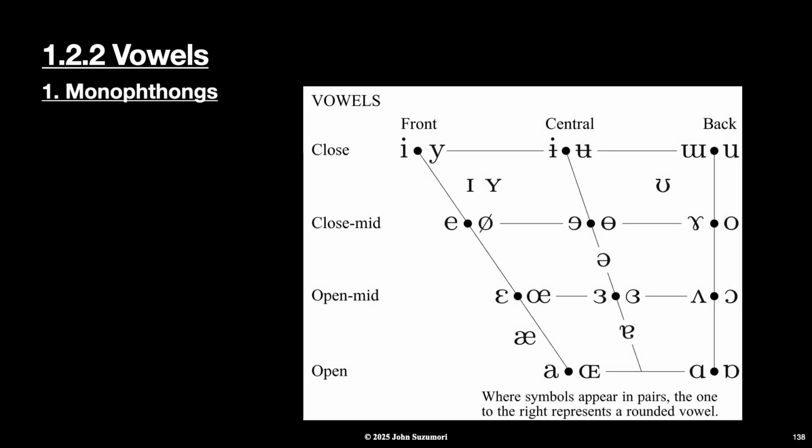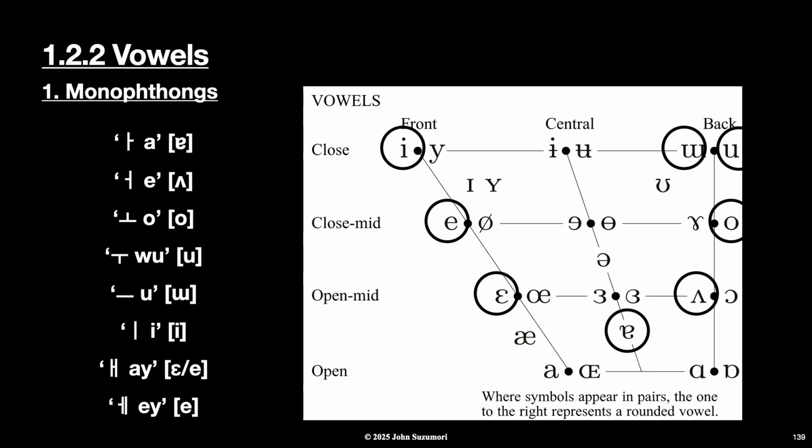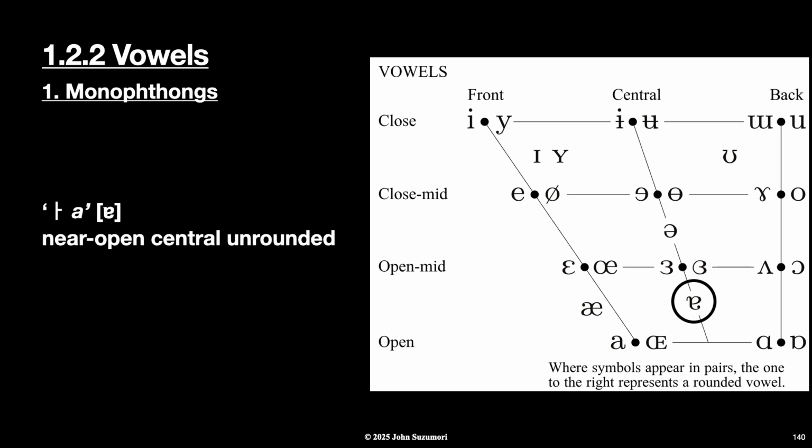Let's review the IPA chart for vowels we've checked in the previous lesson. These 8 vowels comprise monophthongs in Korean. We can categorize these monophthongs under the phonetic features, namely openness, backness, and rounding. ㅏ is a near-open central unrounded vowel.